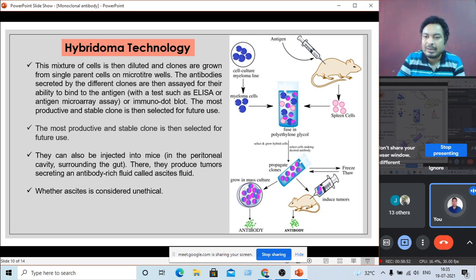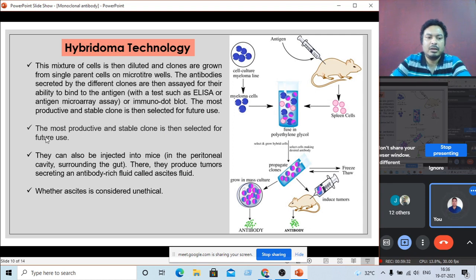If the monoclonal antibody can bind with the spike protein in the ELISA plate, that means your hybridoma technique is successful, because the spike proteins are bound by the antibodies produced by the hybridoma technique. If they cannot bind, that means your hybridoma technique has completely failed. So we can select all the monoclonal antibodies based on the ELISA plate technique.